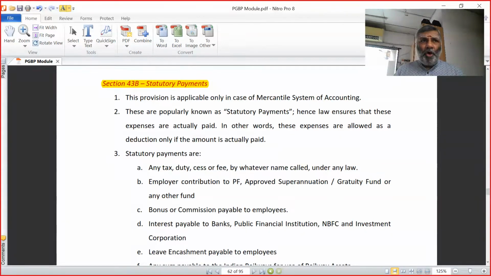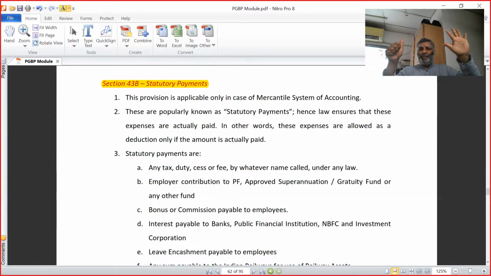In the middle, for employees: A, bonus or commission. B, leave encashment. In the extreme right, for banks and financial institutions: interest.